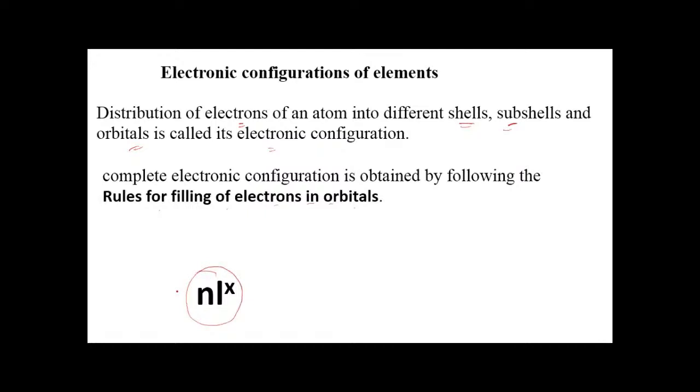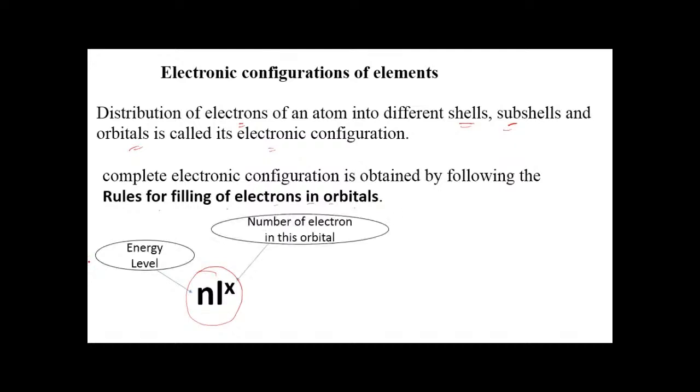Here n is the energy level, or principal quantum number, x is the number of electrons in this orbital, whereas l tells us the type of orbital, giving information about the subshell. It is the azimuthal quantum number.